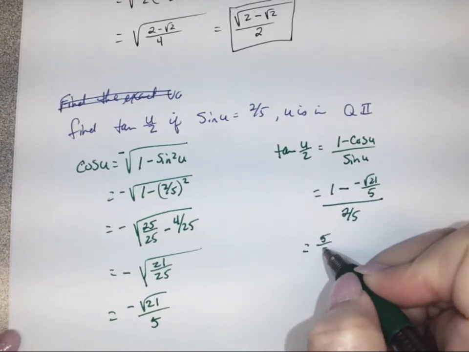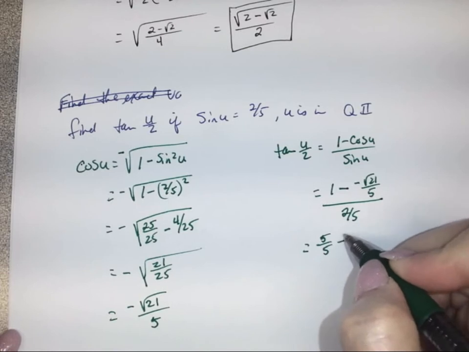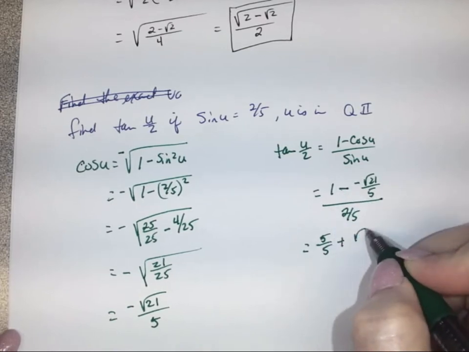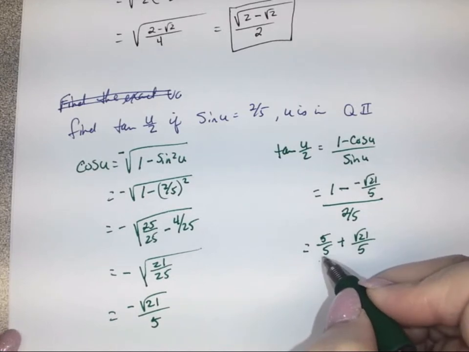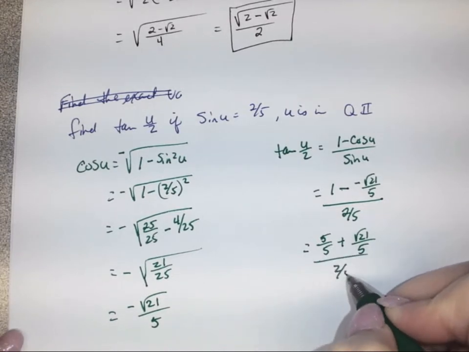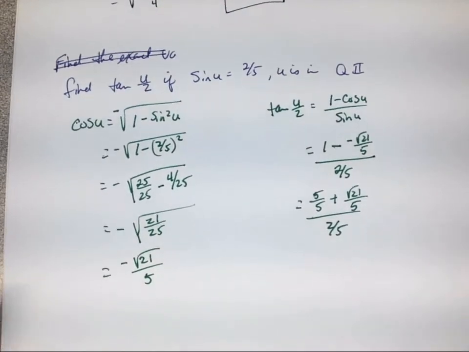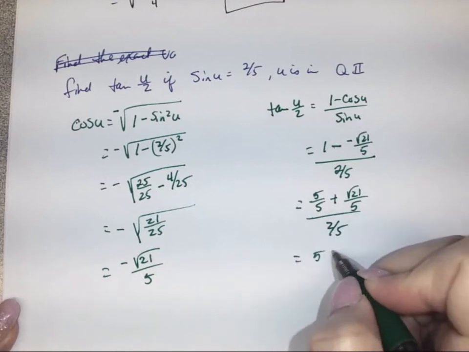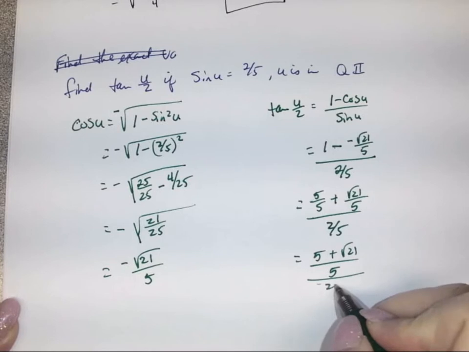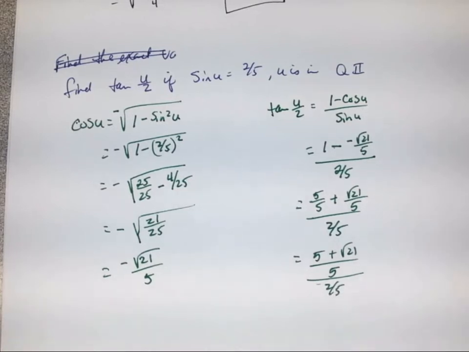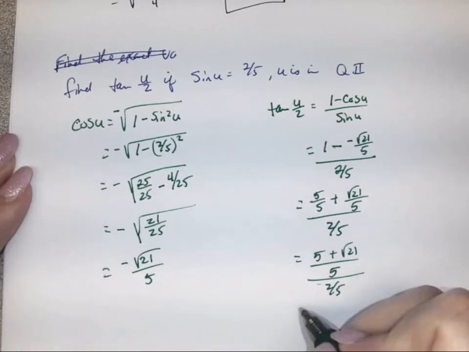So 5 over 5 minus, plus, negative becomes positive, square root of 21 over 5, still divided by 2/5. So this will get us 5 plus the square root of 21 over 5 divided by 2/5. We don't divide by fractions, we multiply by reciprocals.